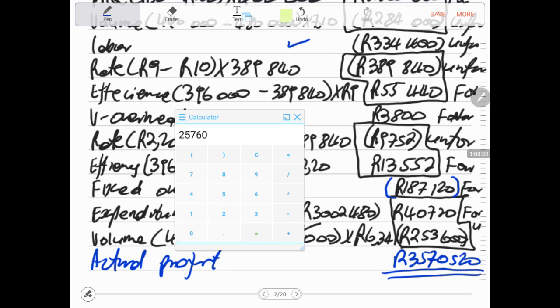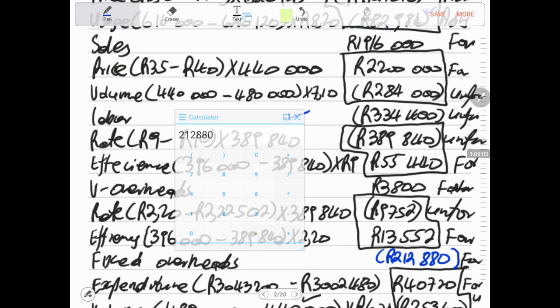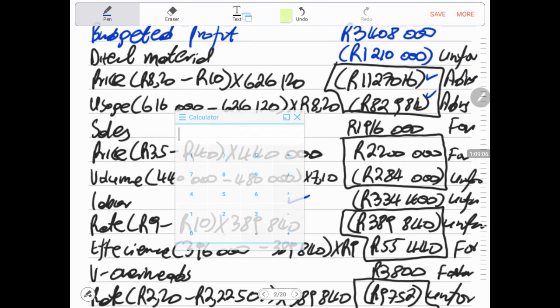Now let me then leave it like that, because it still does not go to where I want it. 253,600 minus 40,720, and this variance is 212,880.